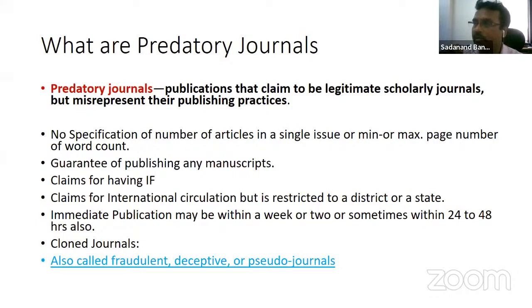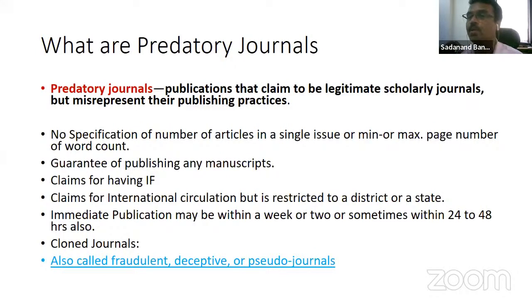An impact factor comes to a journal only after 3 years of publication. You cannot have an impact factor on the very first issue or first volume. It has a formula to calculate, and the authentic impact factor is published by Thomson Reuters.